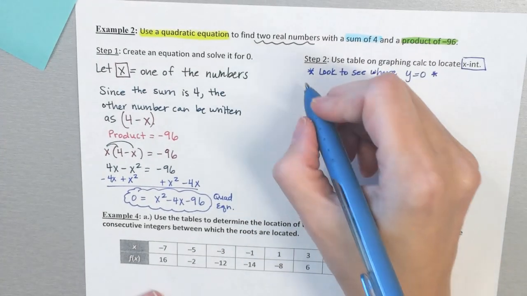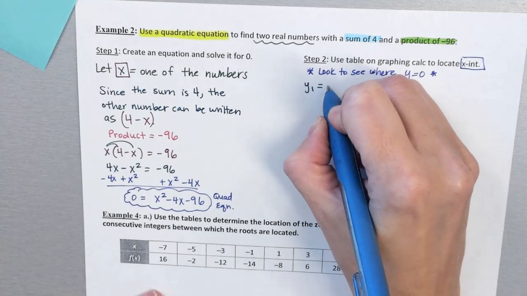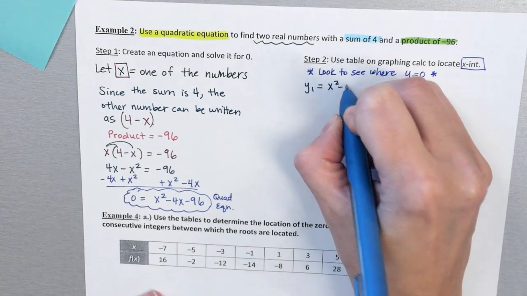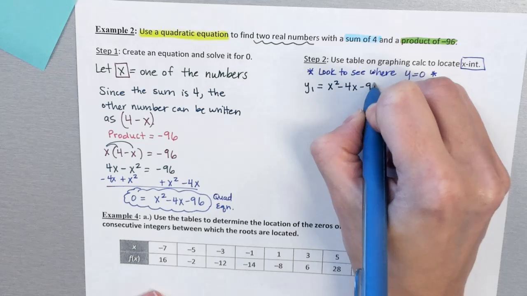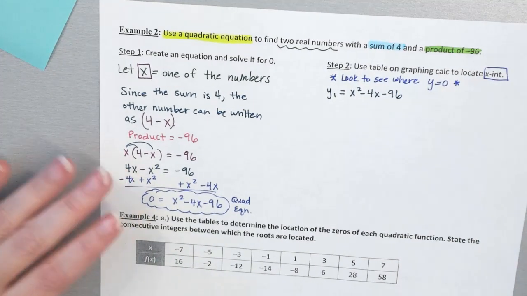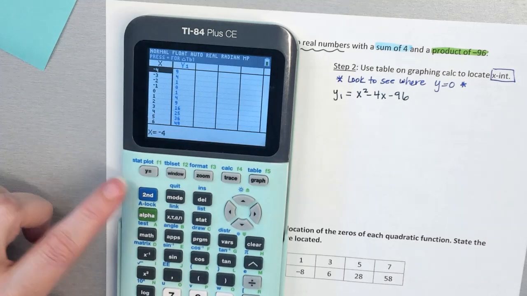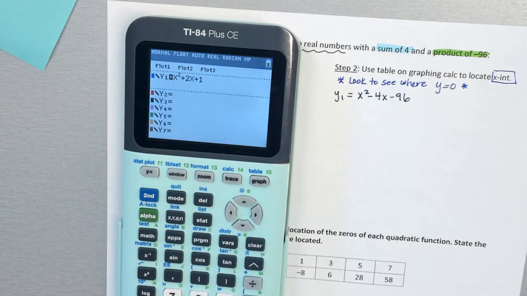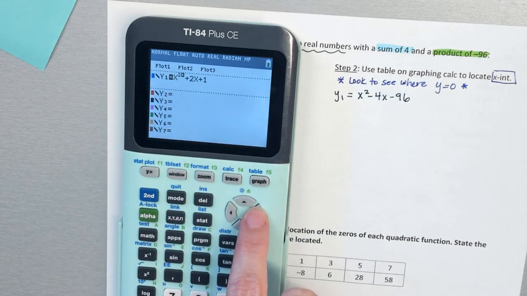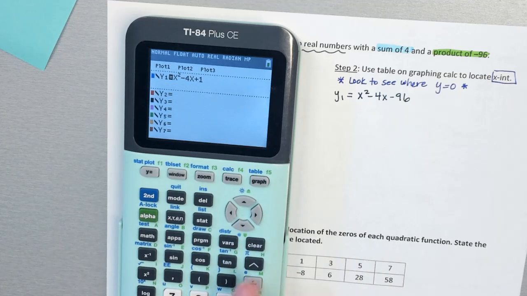Okay, so we're going to plug in to y1 x squared minus 4x minus 96. Okay, and then we're going to use our table. Okay, so I'm going to go to my y equals, and then if you want, you can just replace this with the minus 4, and then the minus 96.